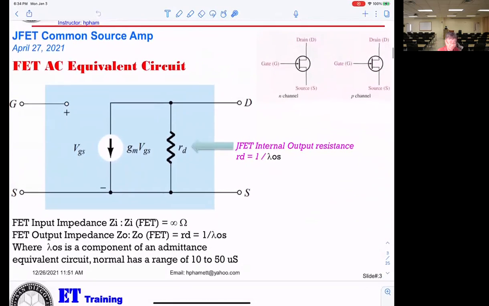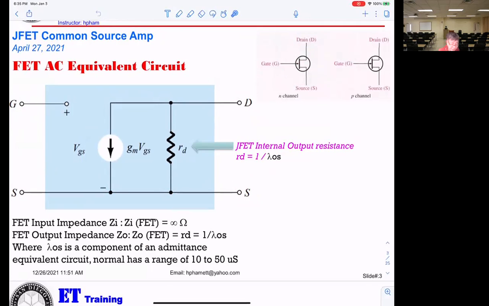Now, this is the JFET for DC. This is the JFET for AC. You can see this is the gate, this is the drain, and the short here.